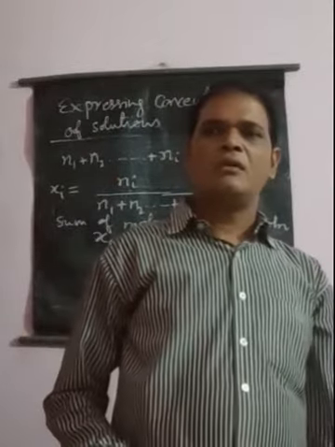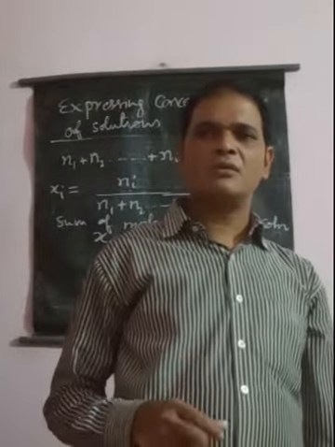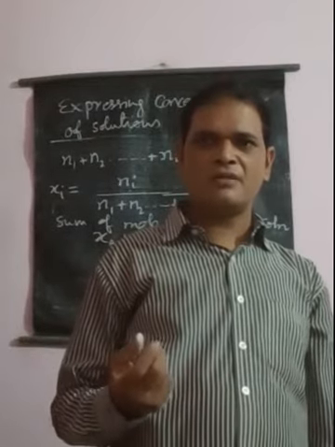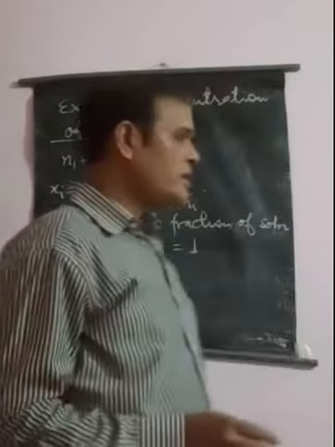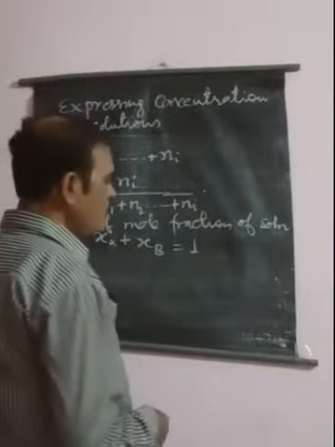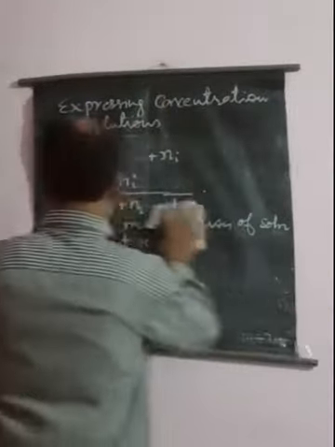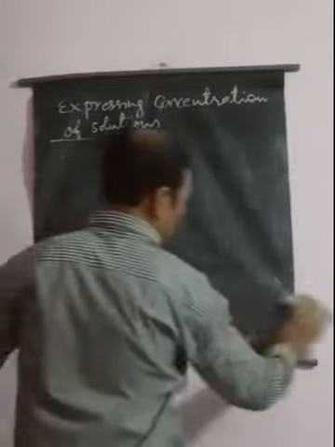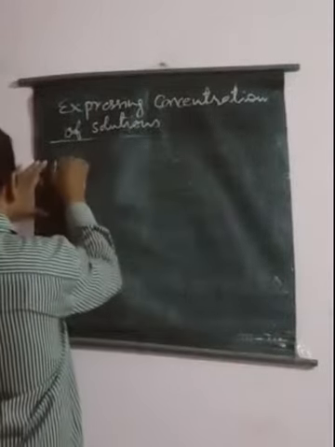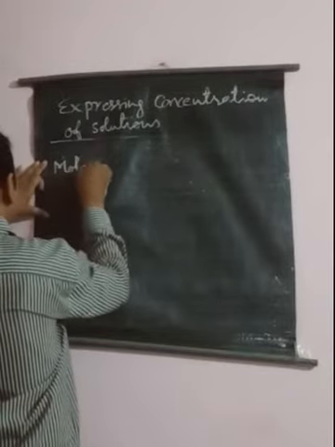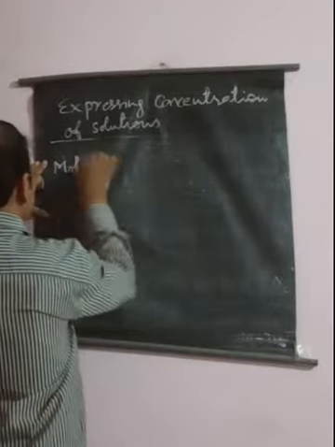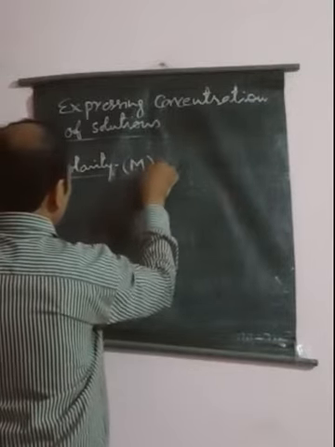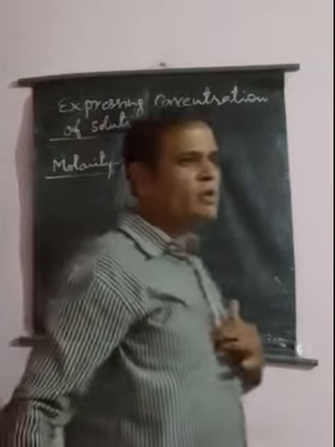Okay. Now we will see the next method of concentration, that is known as molarity. Molarity is generally denoted by the symbol capital M. How can we define molarity?